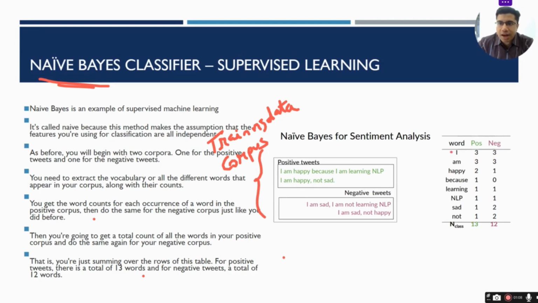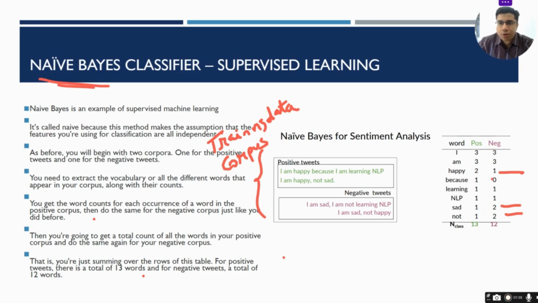So you can see that I occurs 3 times in positive, 3 times in negative, because I and am are all neutral words. Sad, not, and happy are words that decide whether the sentence is positive or negative, because happy occurs more in positive and sad occurs more in negative.